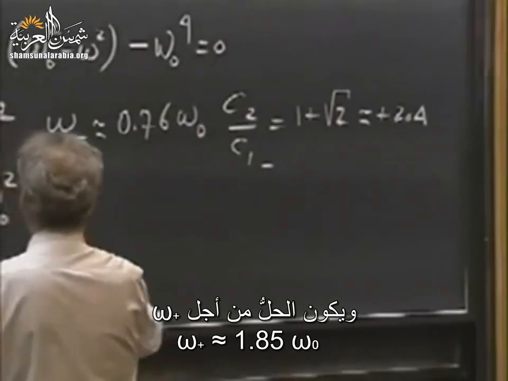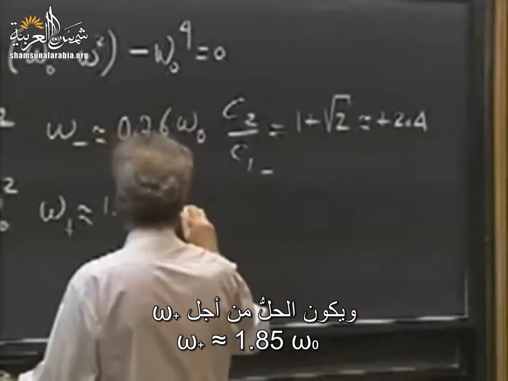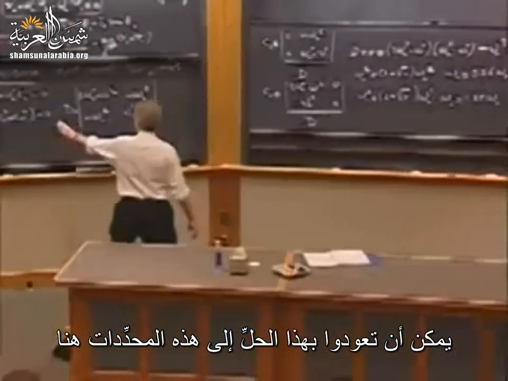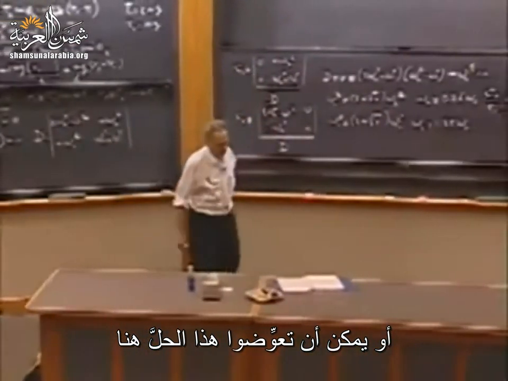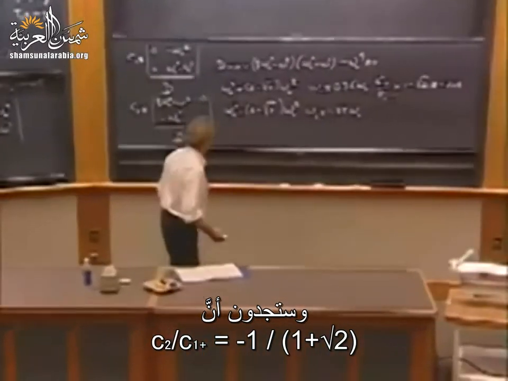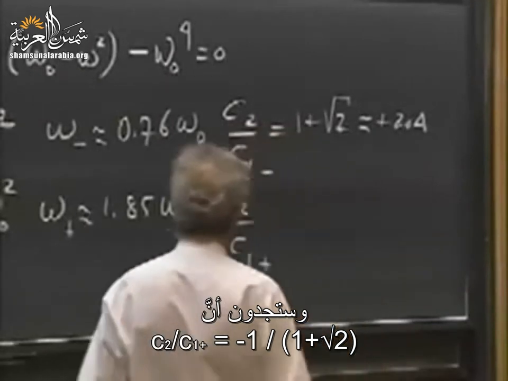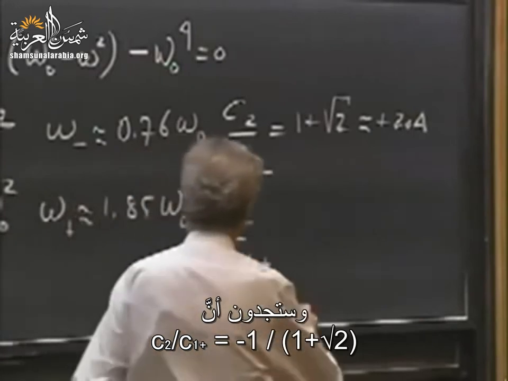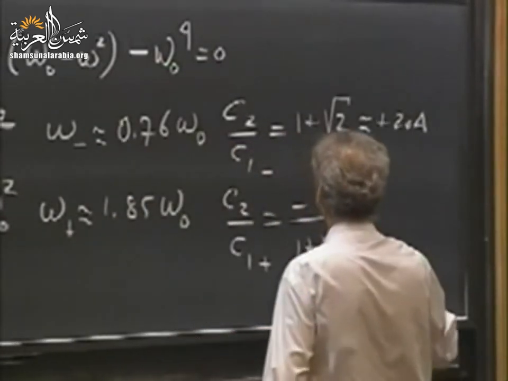And the omega plus solution gives you a frequency which is about 0.85 omega 0. That solution you can put back into this one, or into this one if you want to, and you will find now that C2 over C1 for that plus mode, I call this the plus mode, that's my shorthand notation, is going to be minus 1 divided by 1 plus the square root of 2.